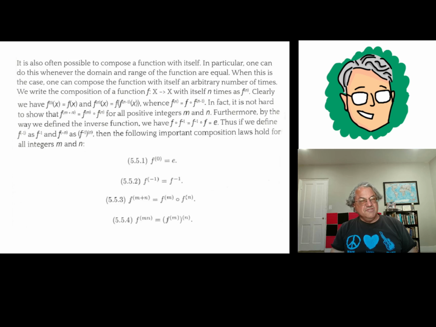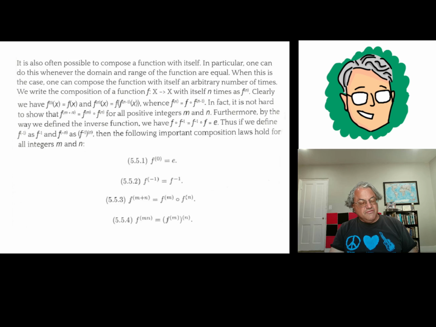So composition is a little like multiplication. It's actually a type of group multiplication. I'm going to talk about groups in chapter 6, but this is a group operation, it turns out. Remember I talked about inverses?